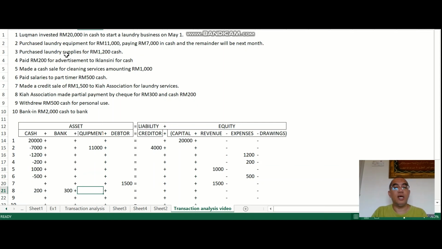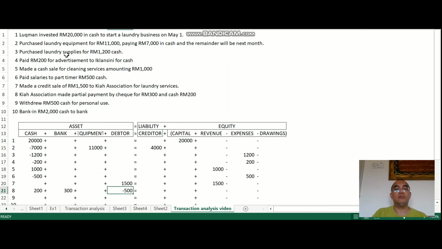But when Kia paid, of course, her balance will reduce. Before this, she owed us 1,500. Now she has paid 500. So minus 500. This 500 comes from 200 plus 300.